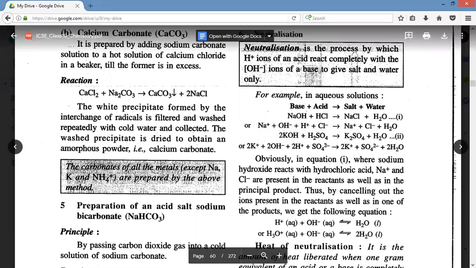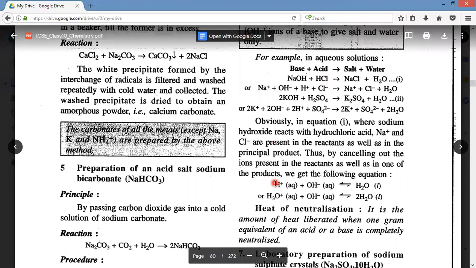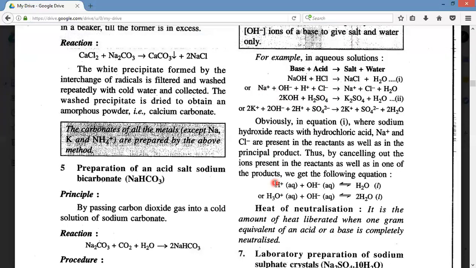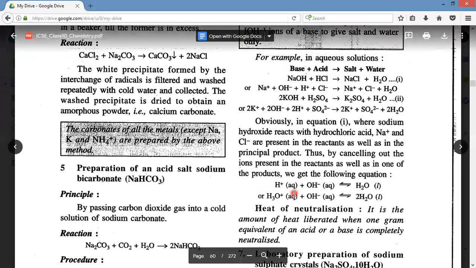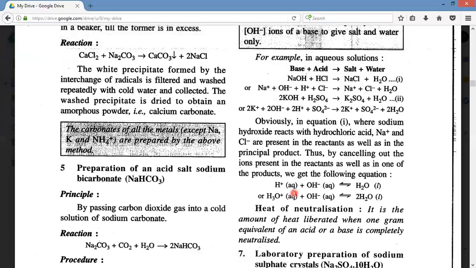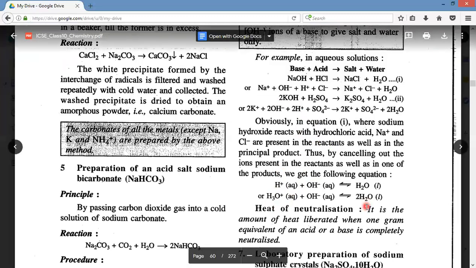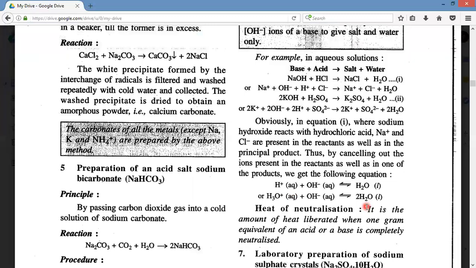It means water is forming in the process of neutralization. You can check it from this reaction also: hydronium ions with hydroxide ion give rise to a water molecule. The number of water molecules is more in that case. By that process, heat is liberated, which is called the heat of neutralization.